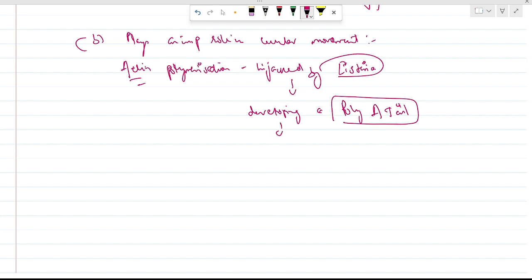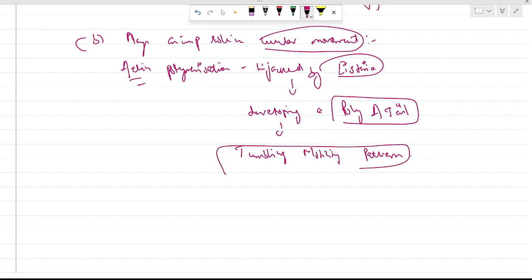This develops into a pattern called the tumbling motility pattern. So as usual, if actin polymerization is hijacked by Listeria, the motility patterns get altered. General cellular movements get altered to a tumbling motility pattern.